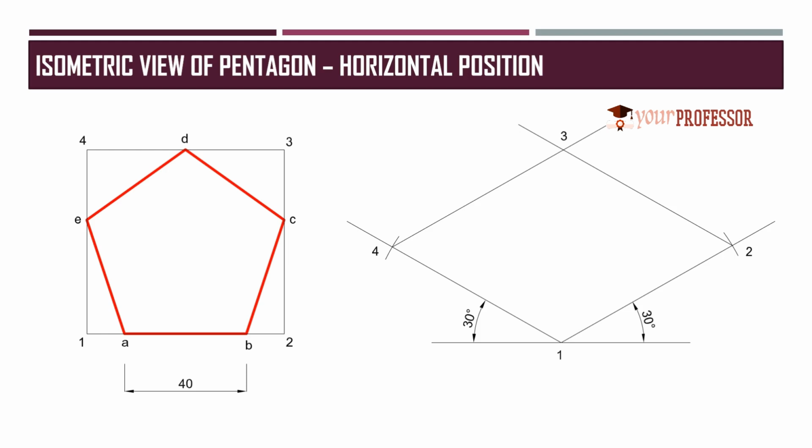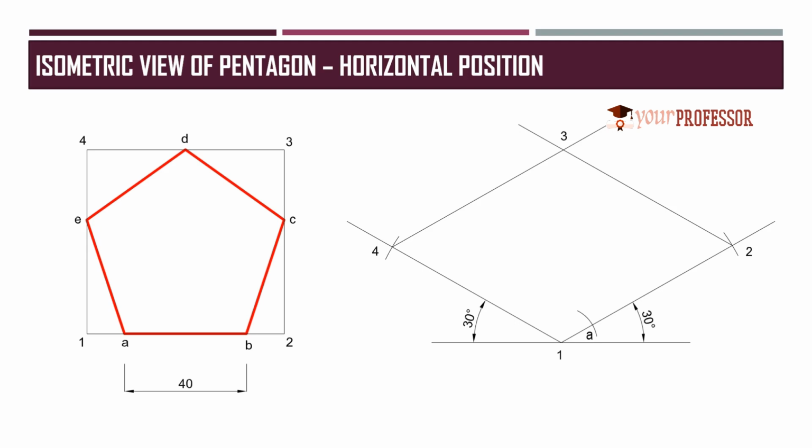Now it's time to represent the pentagon. The pentagon has corner points A, B, C, D, E, right? First let us represent those. Consider the distance between 1 and A with the help of compass. With 1 as center, drop an arc onto the 1, 2 line. That is point A. Now consider the distance between 2 and B in the left hand side figure.